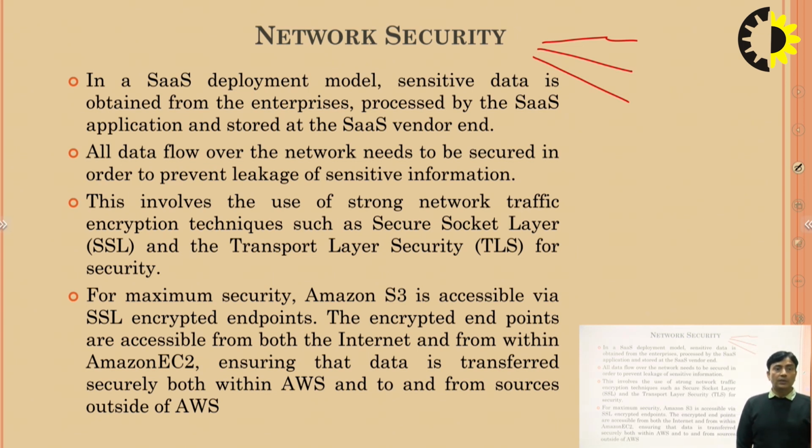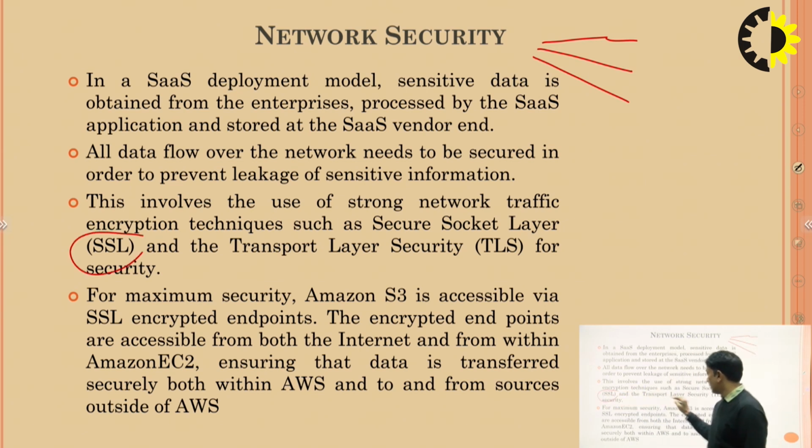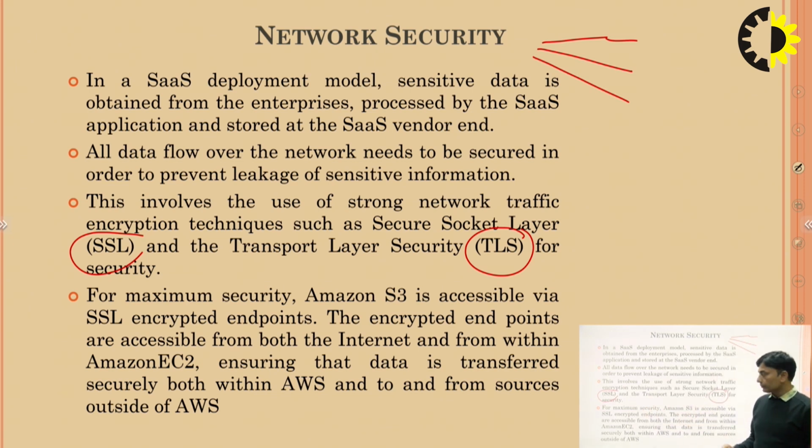This involves the use of strong network traffic encryption techniques like SSL, Secure Socket Layer, that should be there properly. Transport Layer Security, TLS. These two terms are very important. These two techniques should be used properly to ensure network security, SSL and TLS.